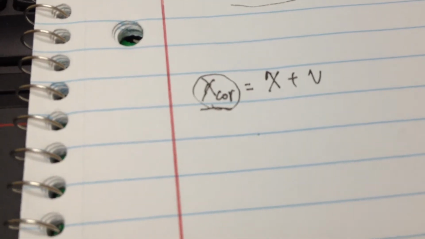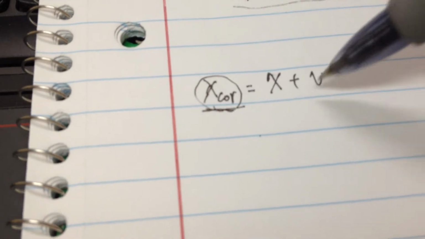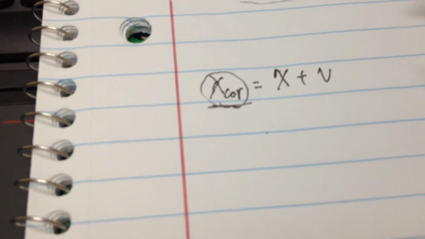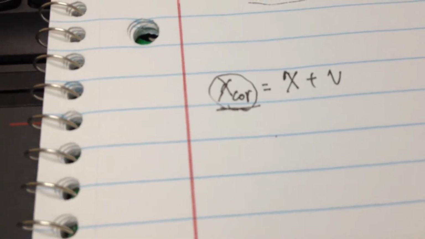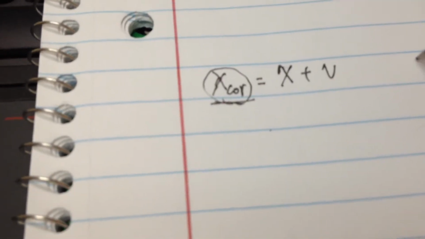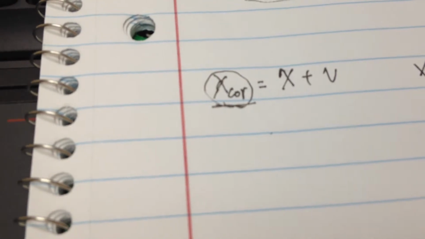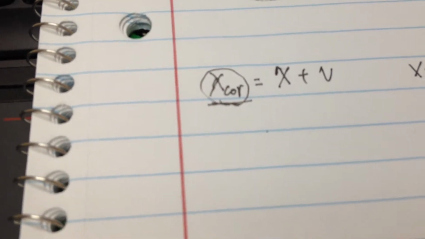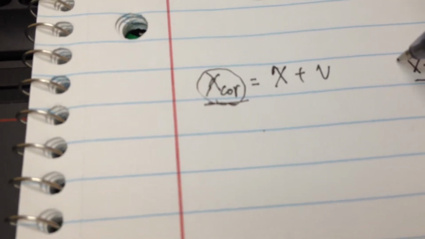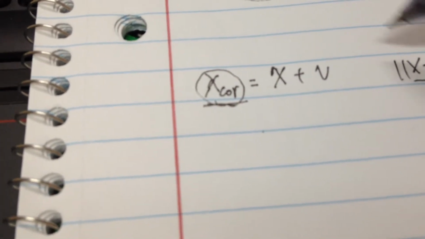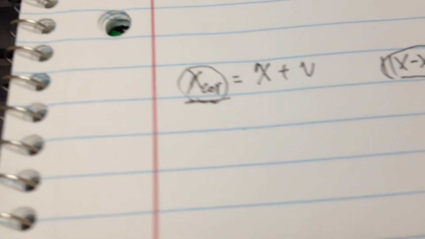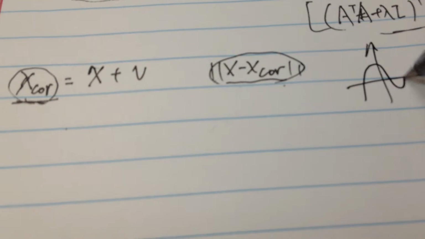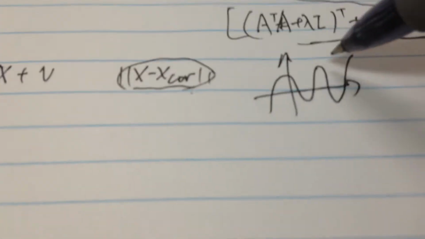So what can we do to get rid of the noise? We want to make this part as small as possible. Meanwhile, the signal is any signal, and it doesn't change too fast.